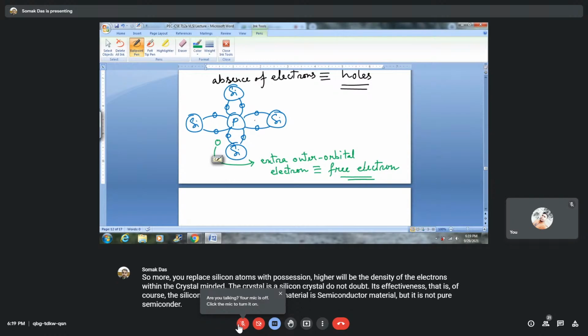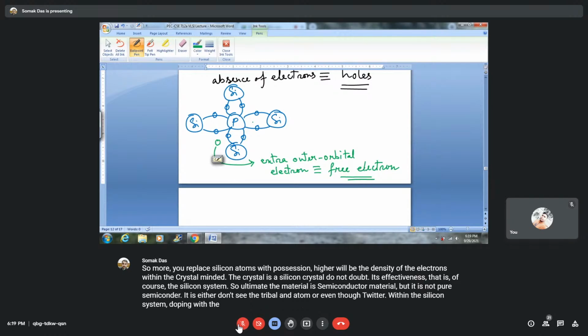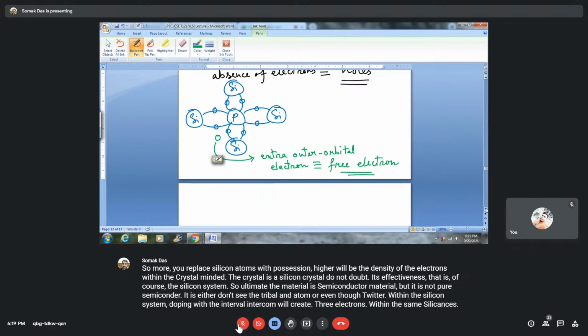It is either doped with a trivalent atom or doped with a pentavalent atom. Doping with a trivalent atom will create holes within the silicon crystal. Doping with a pentavalent atom will create free electrons within the silicon crystal. Right?